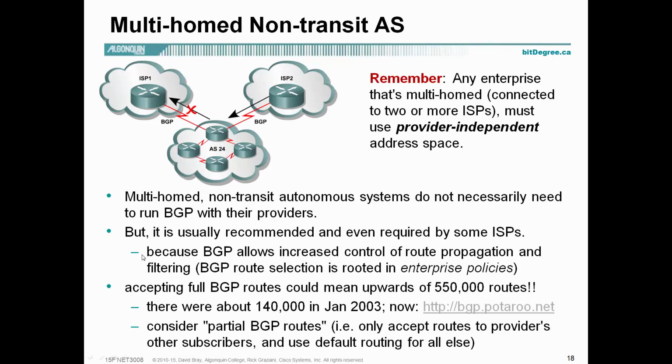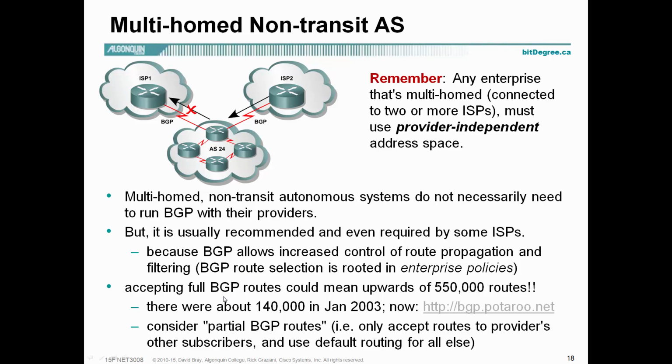But it is usually recommended, and some ISPs will require it, because it allows you increased control over propagating of routes, and you can then enact some policies for where you send your traffic and which provider you prefer. So this is why I say here that BGP route selection is rooted in your enterprise policies.